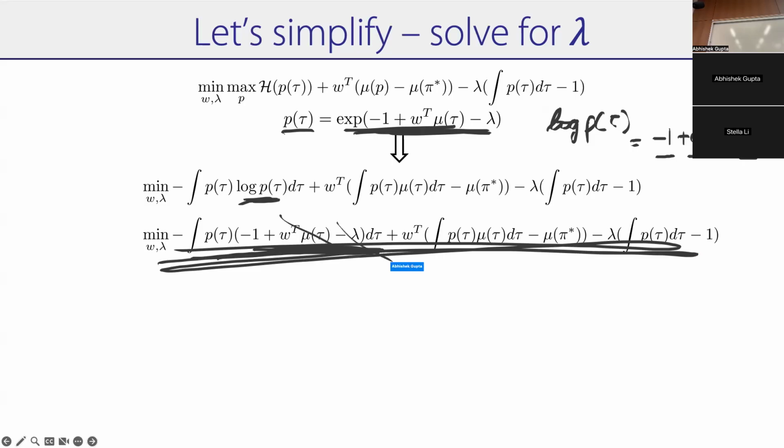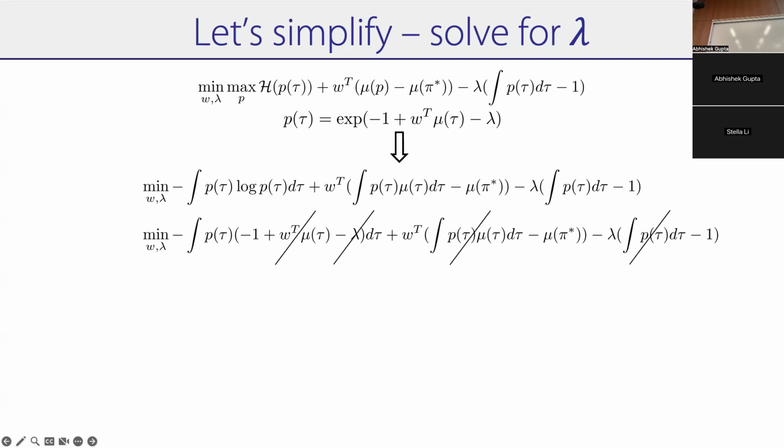This guy cancels. This guy cancels. This guy cancels. Lots of them cancel out. And so the result just looks really simple. It's just going to have a P tau term minus W transpose of the expert feature distribution plus a lambda term for this guy.